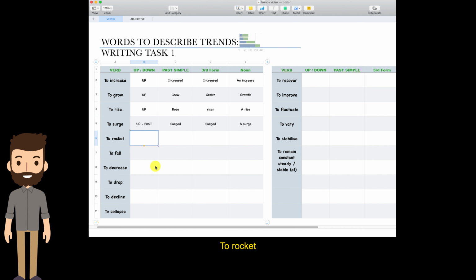To rocket. So obviously it's going up. Rocket goes up. And is it fast or slow? You guessed it, that's fast. Past simple would be rocketed. The third form would also be rocketed.